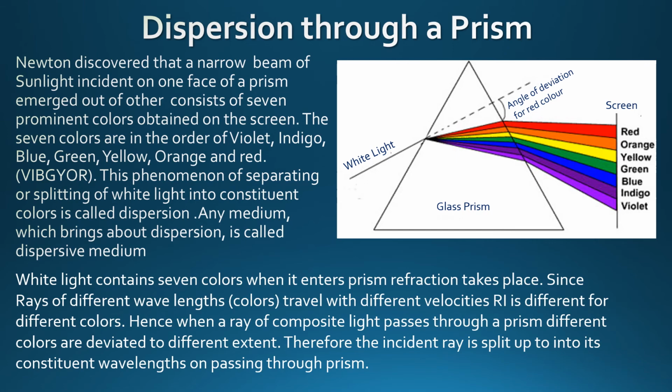Hence, when a ray of composite light passes through a prism, different colors are deviated to different extents. Therefore, the incident ray is split up into its constituent wavelengths on passing through the prism.